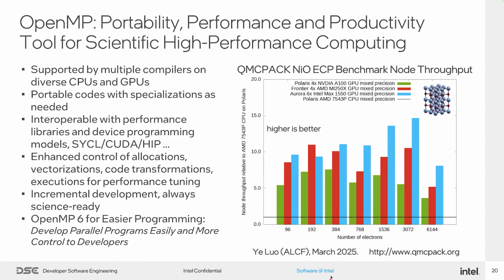Thank you, Jeongnim. Through the ECP project and the bring up of the Aurora machine, we worked on QMCPACK to make it portable across all the DOE exascale computing machines, and also the previous petascale machines.